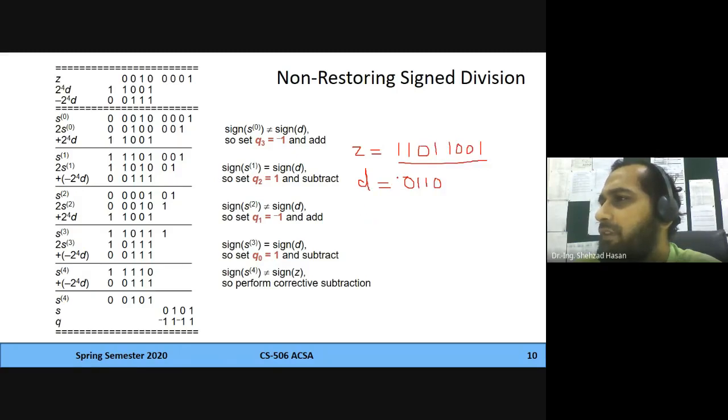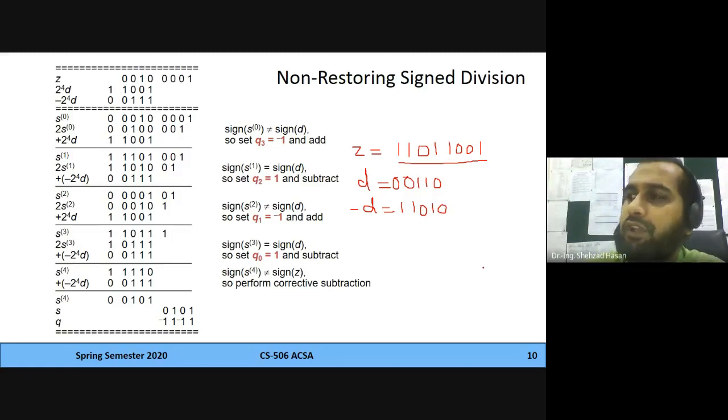In 5 bits, this would be 00110, and since this is 6, its negative would be -6, which is going to be -8 plus 2. This would be -8 plus 2. So you need to add this number in every step wherever there is a subtraction required, and whenever there is an addition required, you need to add this number.